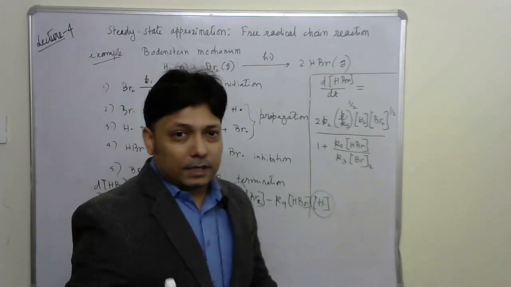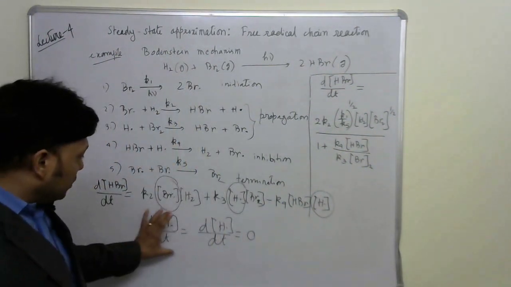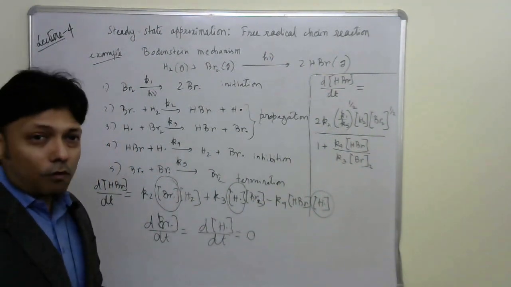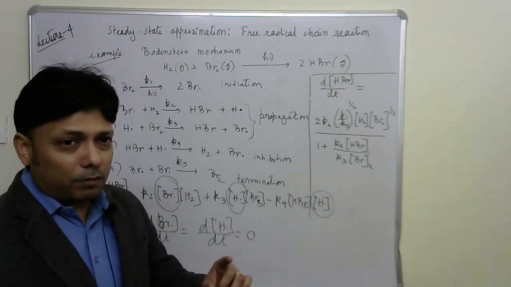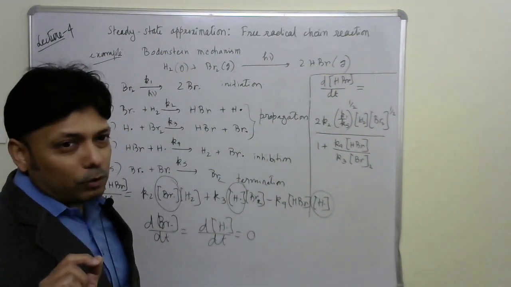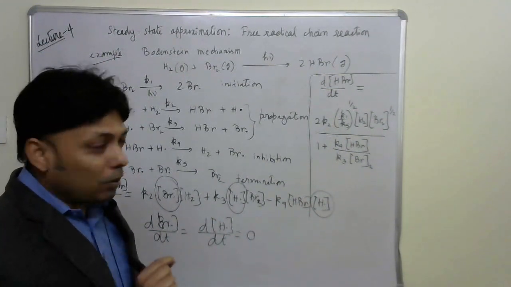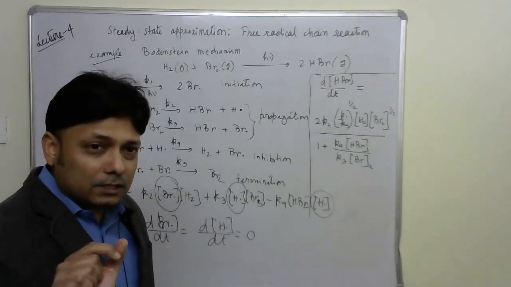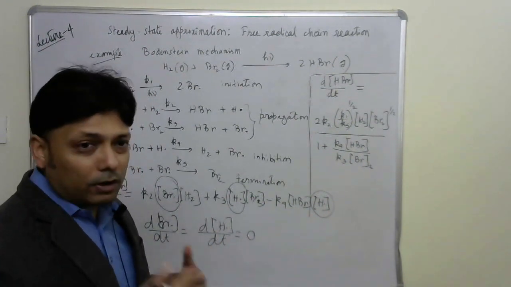But before we proceed to the next example, let me tell you on what basis we are applying d[Br dot]/dt is equal to d[H dot]/dt is equal to 0. Of course, this is the steady state approximation. But remember, most important thing, in a multi-step chain reaction, we are not going to evaluate the individual K1, K2, K3, K4 values, because we are in no position to say that we can apply steady state approximation because K2 is less than K3 or K4 is very less than K5.